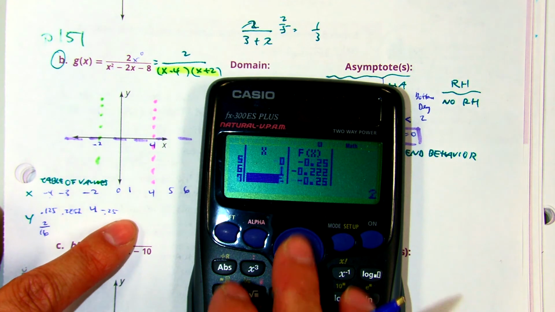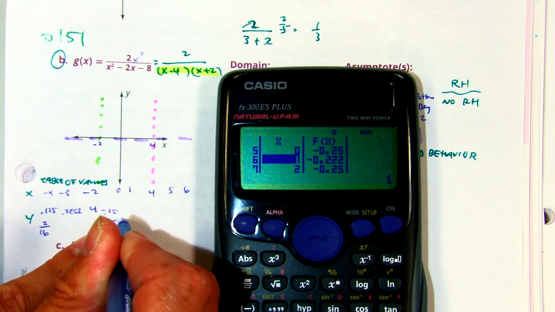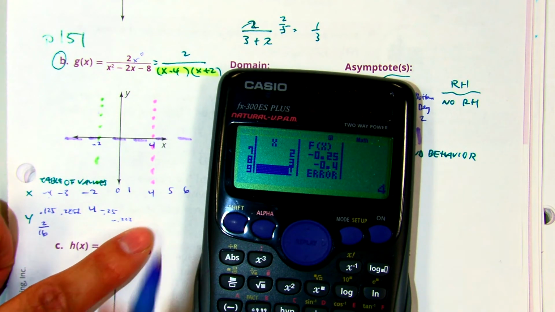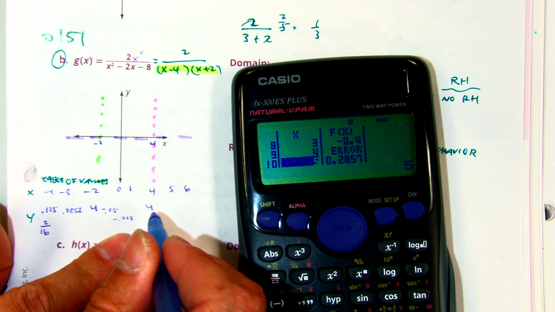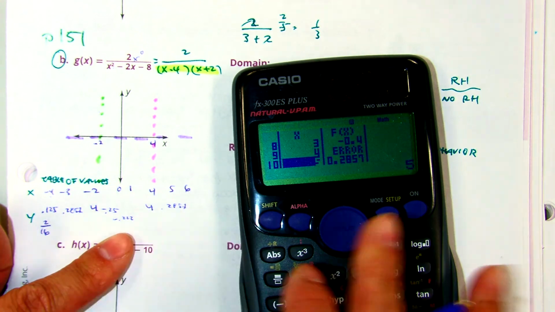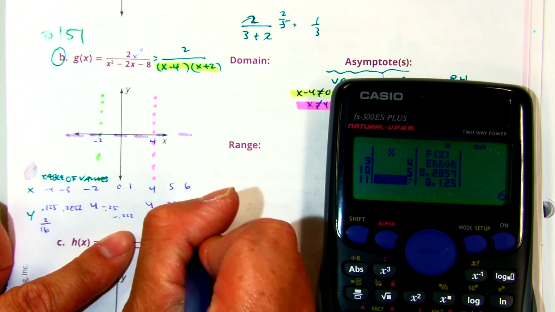At 1, I have -0.222. At 4, I already know it's going to be undefined or error. At 5, 28, 57. And at 6, 0.125.